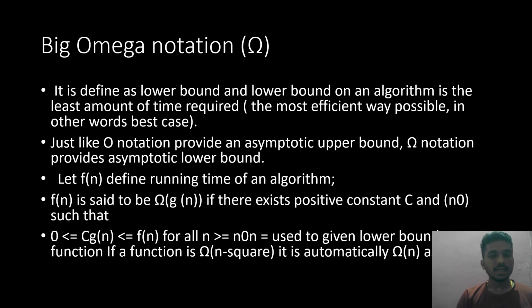F of n is said to be omega of g of n if there exist positive constants c and n0 such that 0 is less than or equal to c g of n less than or equal to f of n for all n greater than or equal to n0. It is used to give a lower bound on functions. If a function is omega of n square, it is automatically omega of n as well.